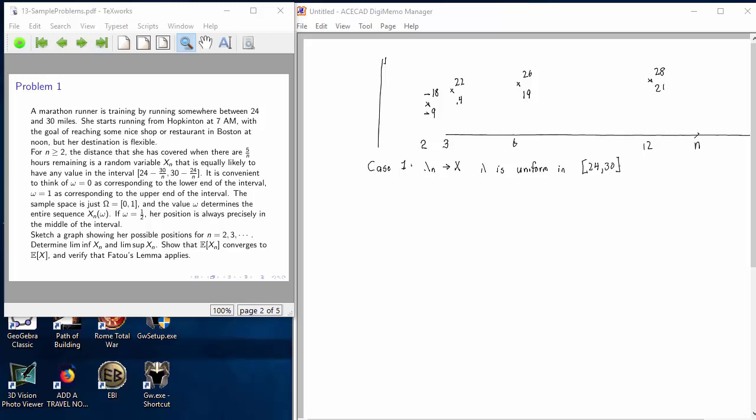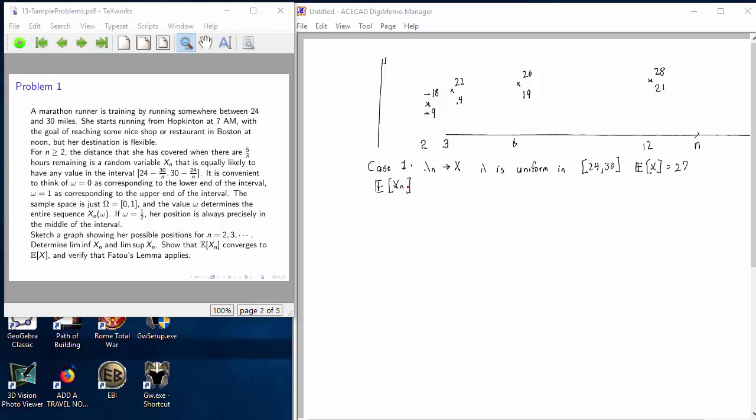Well, if a random variable is uniformly distributed in the interval from 24 to 30, clearly its expectation is 27, and we can work out the expectation of the random variable x sub n.